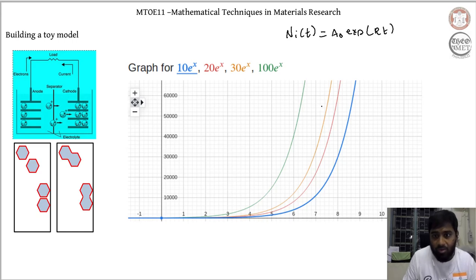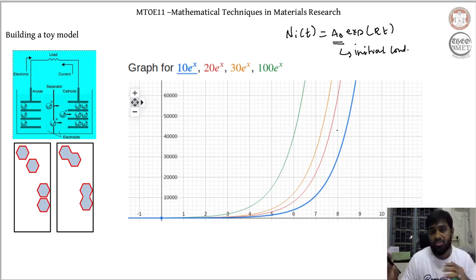Now we have four different curves here, and in each of these curves, A0, that is the initial condition, has been changed. As you can see, when we change the initial condition, there is a significant difference in the rate of charging of your phone.